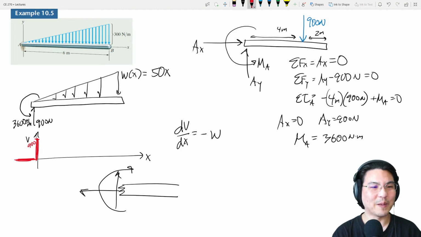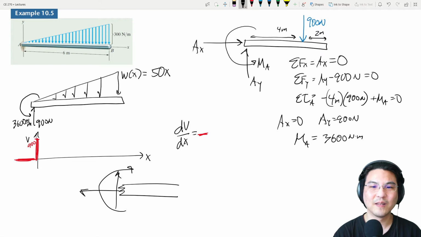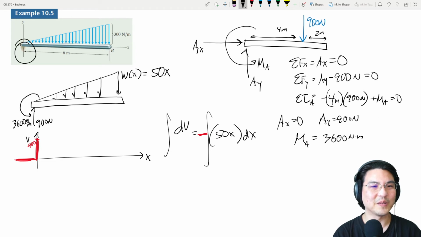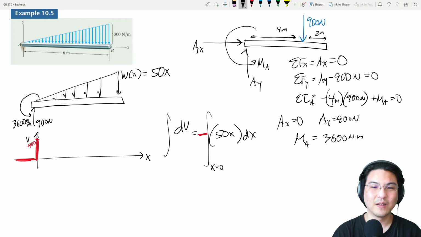Okay, and then what happens between here and here? There's this distributed load, which is 50x. So it's minus w, which is 50x. How do we solve for shear? Let's move dx to this side and then integrate both sides from x equals 0 to some other x between 0 and 6.